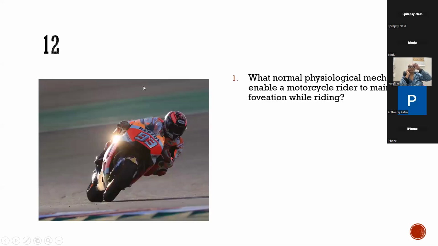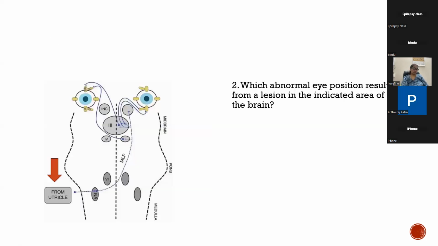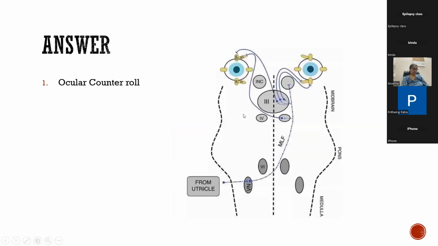So here we have asked for a normal physiological mechanism that enables the motorcycle rider to maintain foveation while in this position. So the mechanism is ocular counter roll. Basically, when you test for the oculocephalic reflex, you are testing horizontal movement, which helps to focus the object of interest onto the fovea.